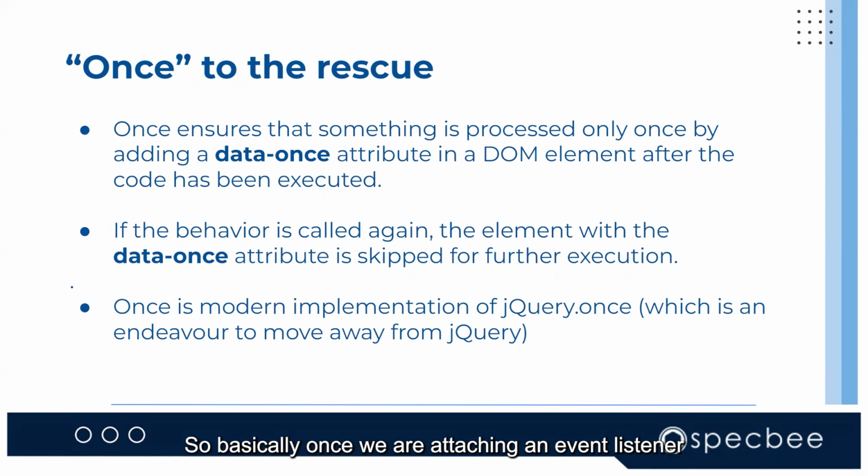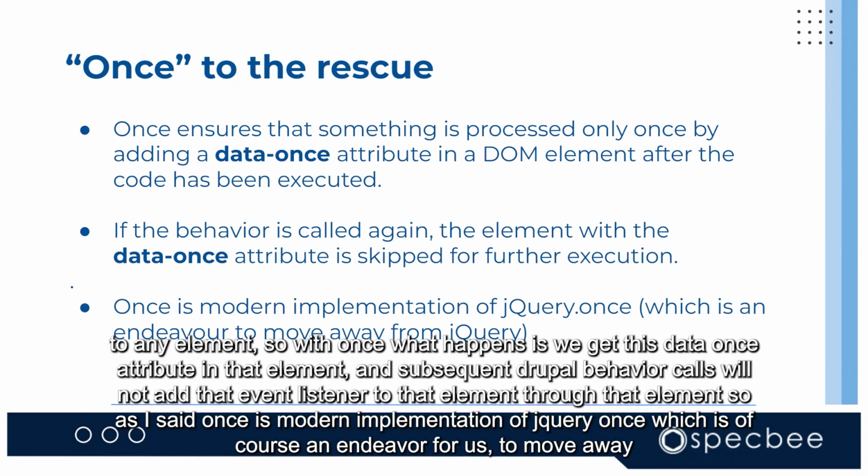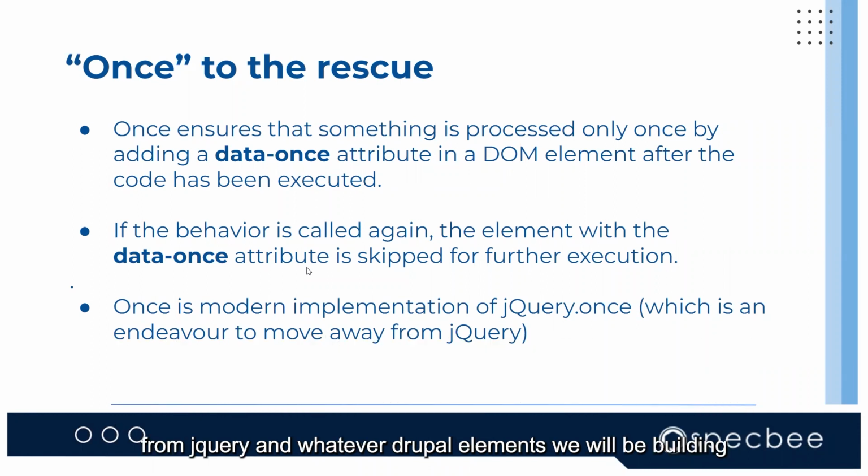So once we attach an event listener to any element with once, we get this data-once attribute on that element, and subsequent Drupal behavior calls will not add that event listener to that element. As I said, once is the modern implementation of jQuery once, which is of course an endeavor for us to move away from jQuery in whatever Drupal projects we build.